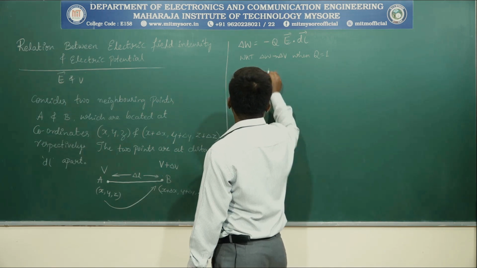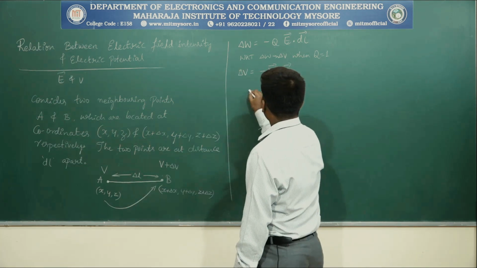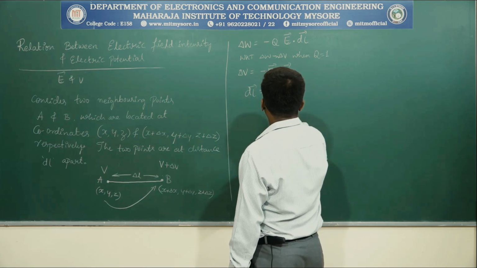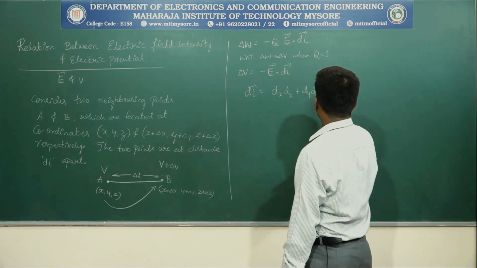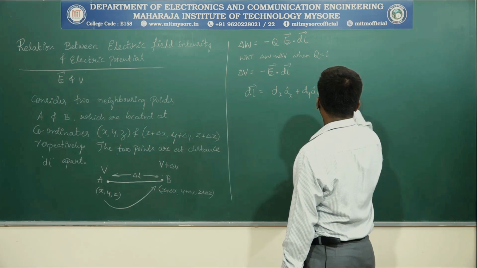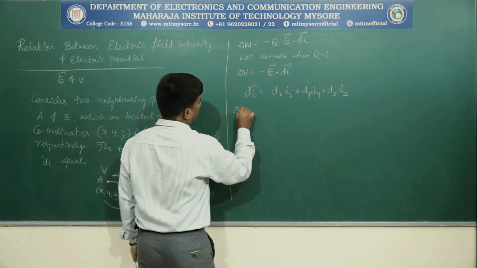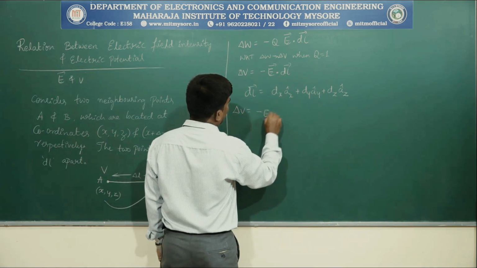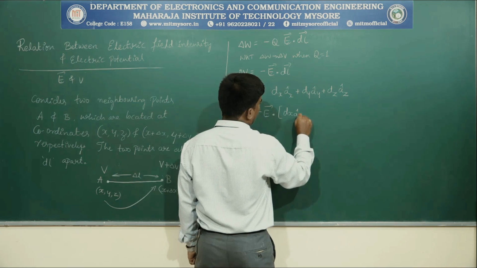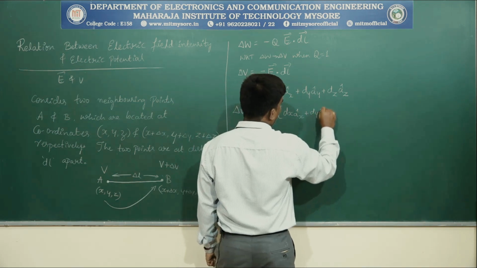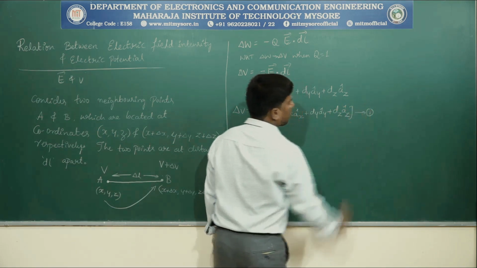Delta V is equal to minus E dot dl. Now dl can be written as dx a_x plus dy a_y plus dz a_z. If I substitute the dl component into the above equation, then delta V is equal to minus E dot (dx a_x plus dy a_y plus dz a_z). Name this as equation 1.